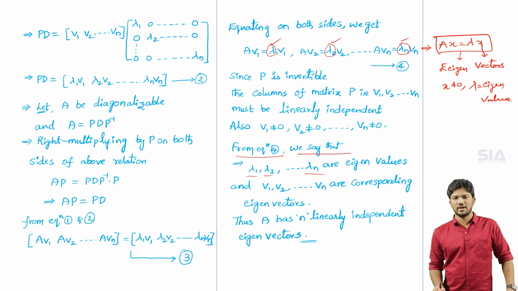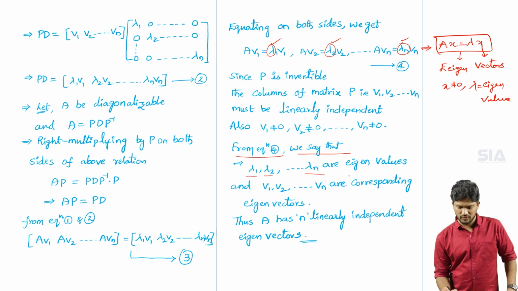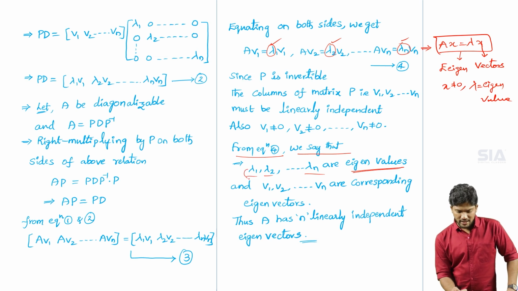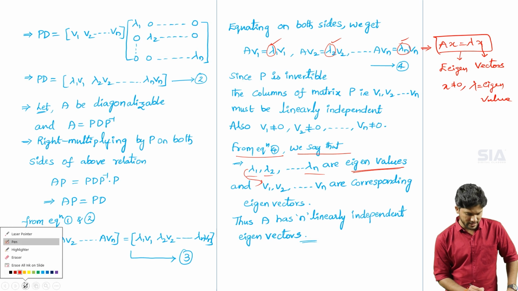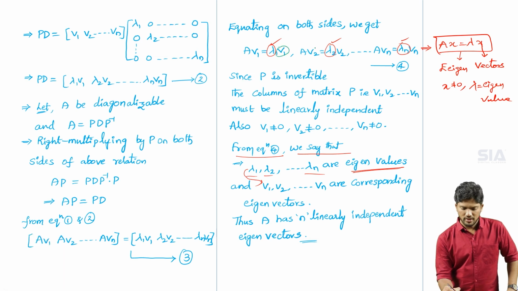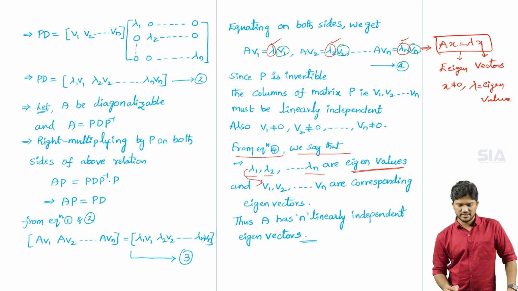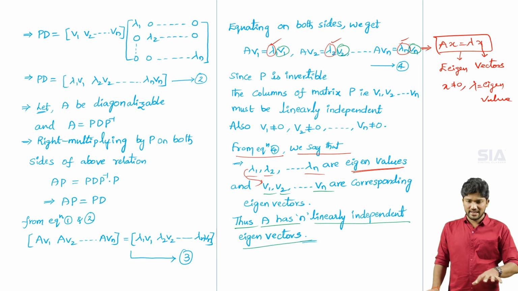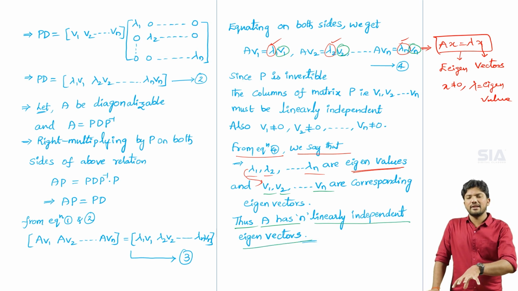Therefore those values are the eigenvalues, and the corresponding vectors v1, v2, up to v suffix n are the eigenvectors. So therefore capital A has n linearly independent eigenvectors.